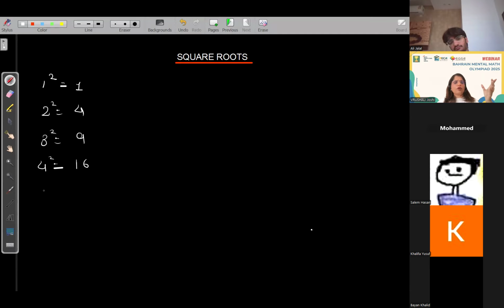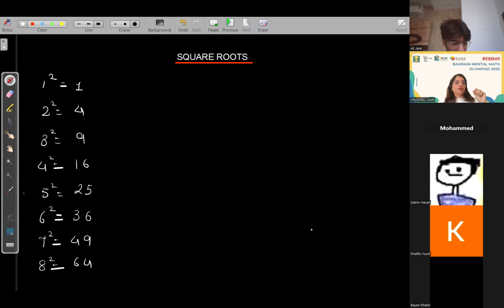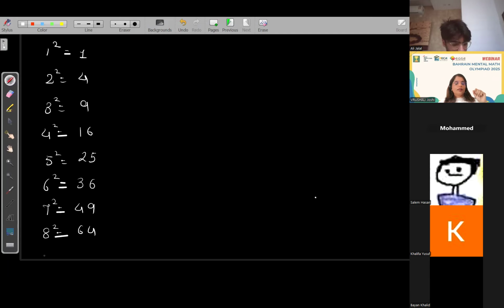This is easy. I'm sure all of you remember. 8 square is 64, then 9 square is 81, and 10 square is 100.